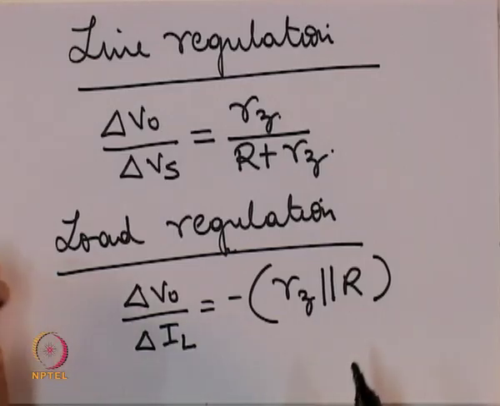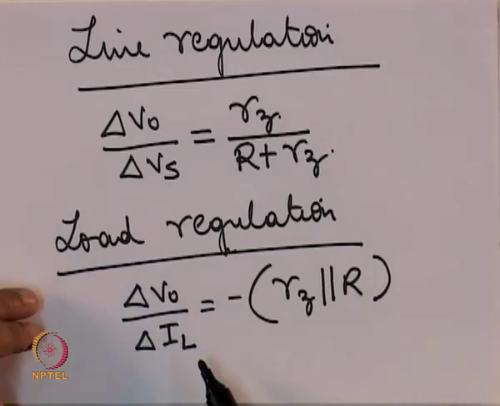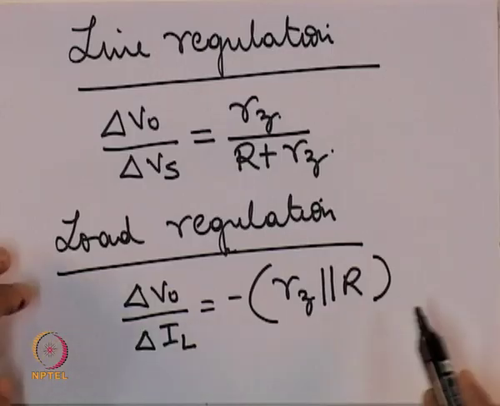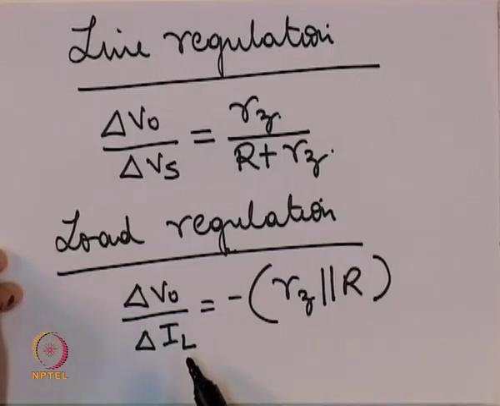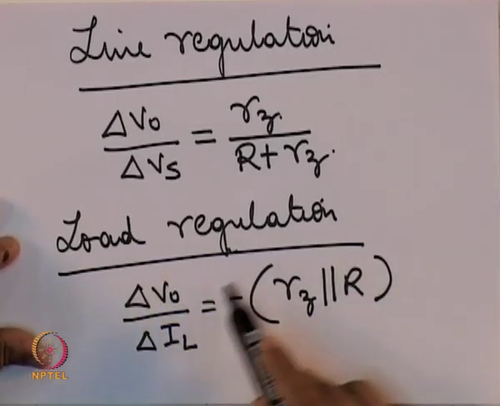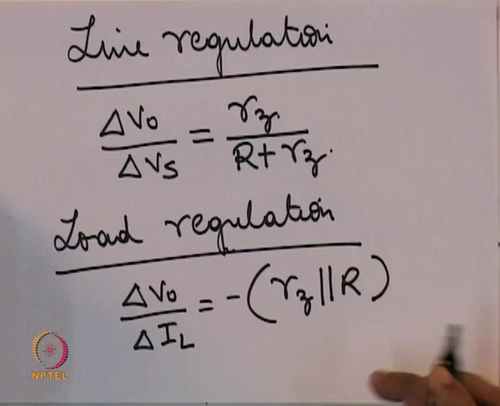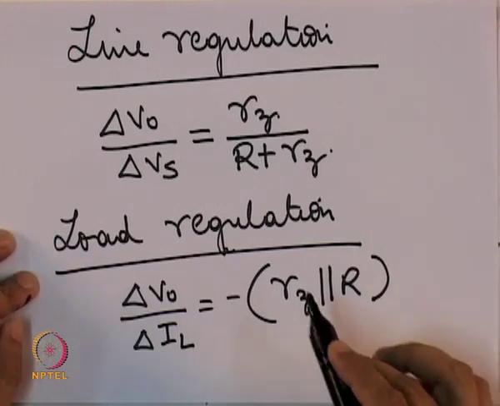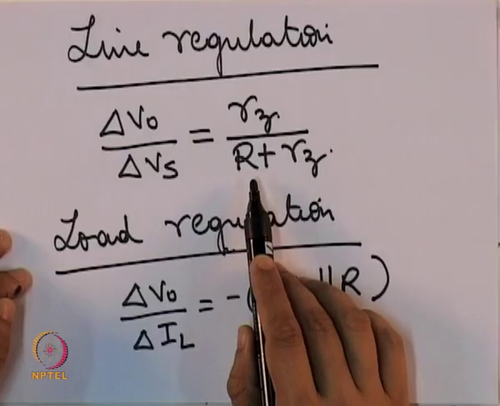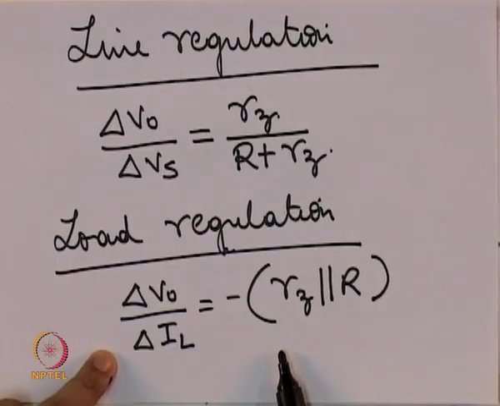Similarly, we also want the output voltage to be immune to any change in the load. If we change the load value, then our load current will also change, and this parameter is a measure of how stable our output voltage is with changes in load. So, this measures how stable our output is with respect to changes in the supply side, and this measures how stable our output voltage is with respect to changes in the load side.